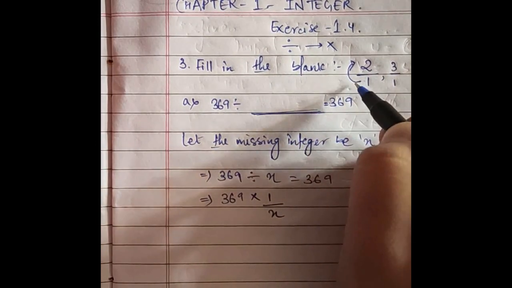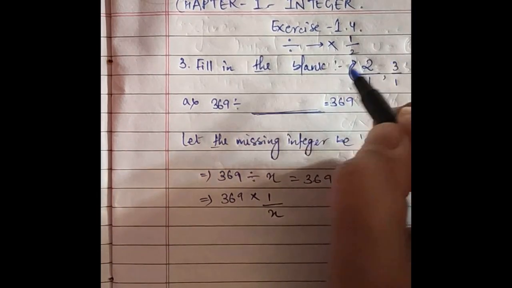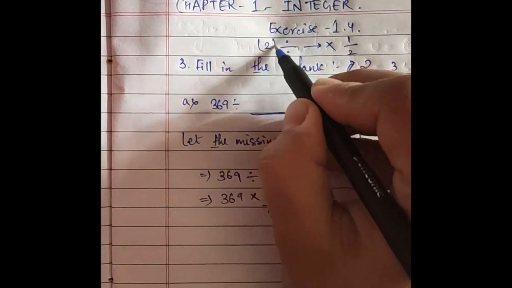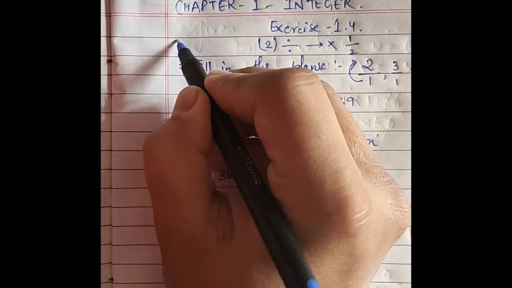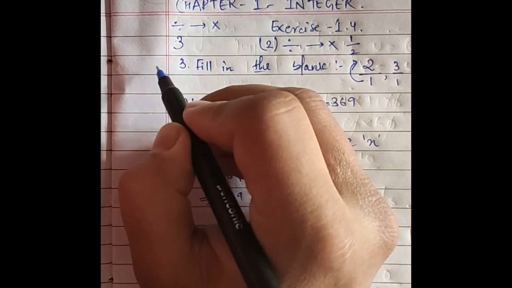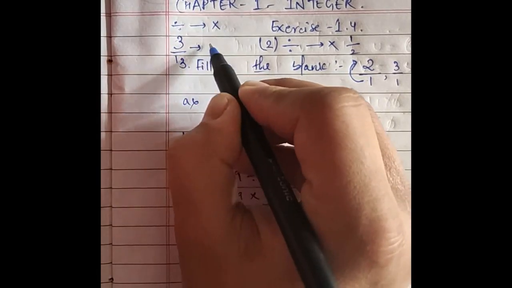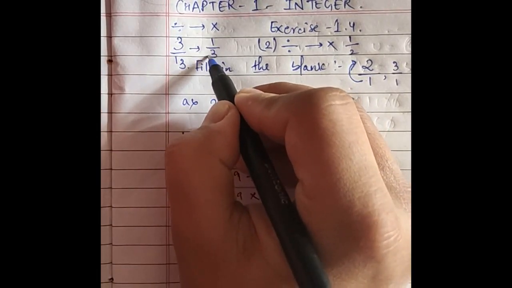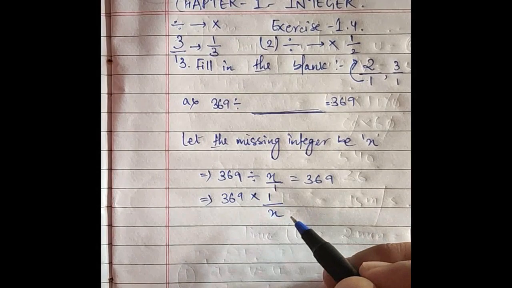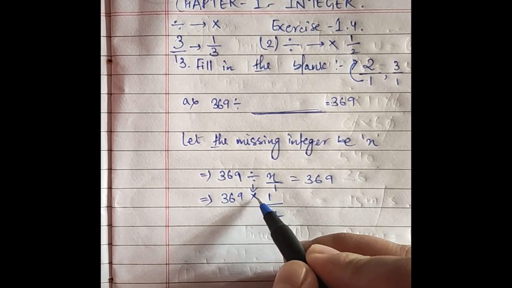That is, 1 will come as a numerator and 2 will become a denominator if it is a 2. If you have 3, then it is 3 by 1, and converting divide to multiplication, this will be converted into 1 by 3. So similarly it is x by 1. Whenever you are converting divide to multiplication, you are interchanging, no?